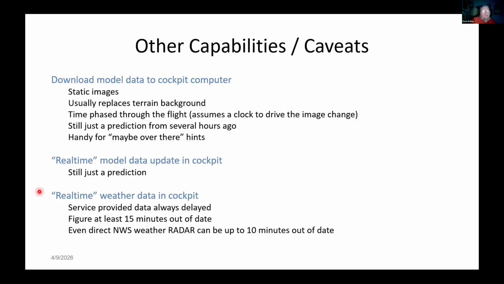I could walk out of the hangar and see the clouds were approximately where they were showing me on the image I had just downloaded. That could be useful, but it didn't tell me anything that I couldn't see just by looking out and saying, oh, I want to go to that cloud.